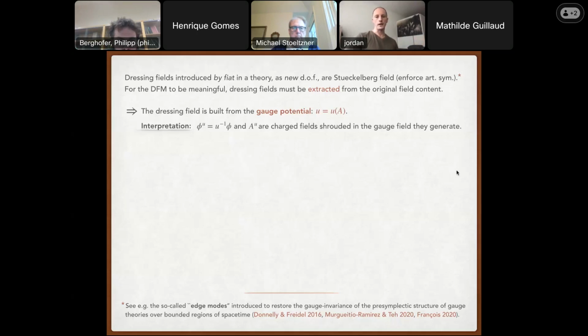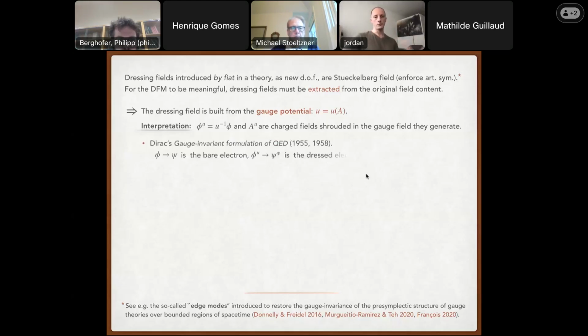And the same for a non-abelian gauge potential. You can say that the dressed version of it, if the dressing is built with the gauge potential itself, is like in QCD, for example. You could say the dressed object is simply the gauge field shrouded in the gauge field it generates.